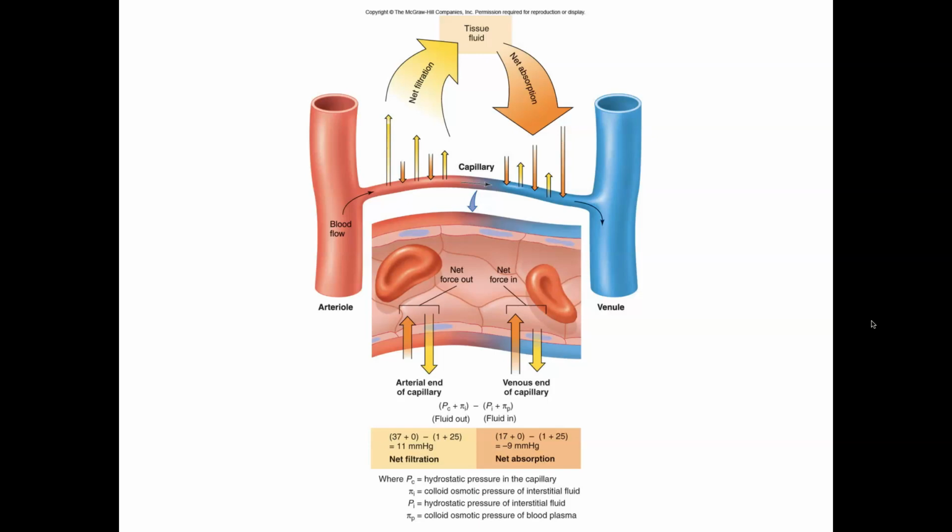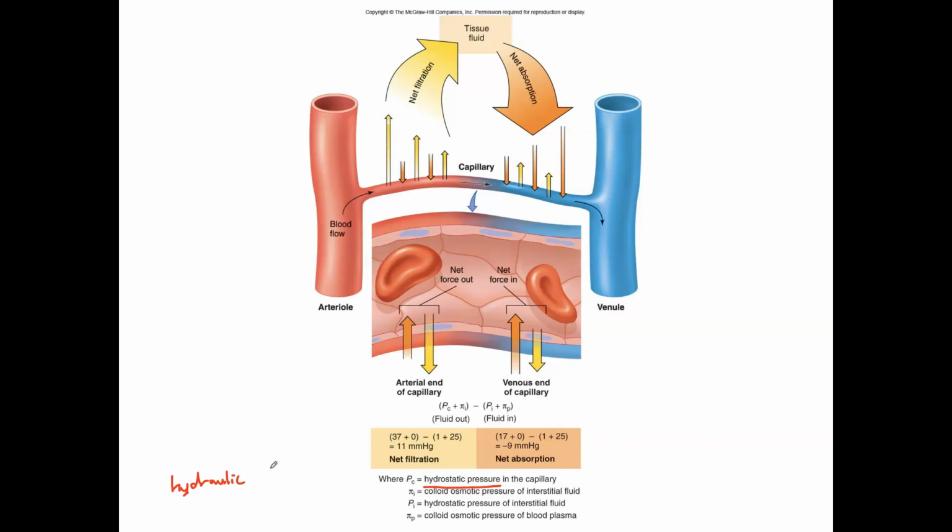The movement of fluid is based on essentially two types of pressure. What most textbooks call hydrostatic pressure and osmotic pressure. Now, in reality, when you see the term hydrostatic pressure, really we're talking about a hydraulic pressure. The term hydraulic pressure is actually referring to the pressure that is exerted on the walls of a vessel, whether it's static or not moving, or whether the fluid is moving.